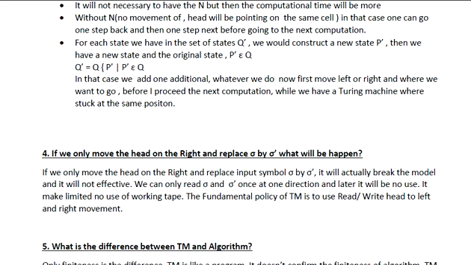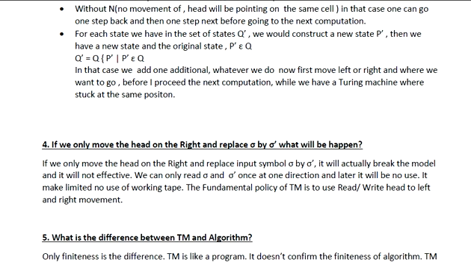In that case we can only read sigma and sigma prime once in one direction, and later it will be of no more use. Moreover, it will make the Turing machine limited, with no proper use of the head, because the fundamental policy of a Turing machine is that we should use the read-write head to move on both the left and the right side.